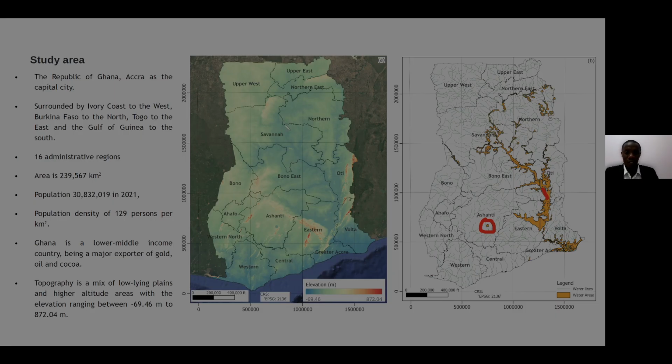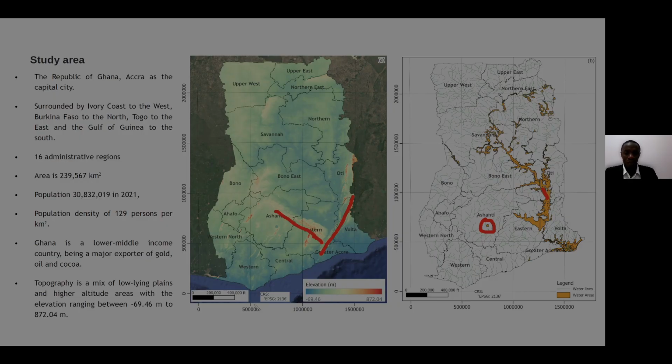And on the image on the left is the elevation profile of the country. Now, the most significant feature that we see from here is this Y-shaped kind of mountain that sits beneath the Lake Volta, and the Y-shaped mountain has its tail towards the western part of Greater Accra Region.